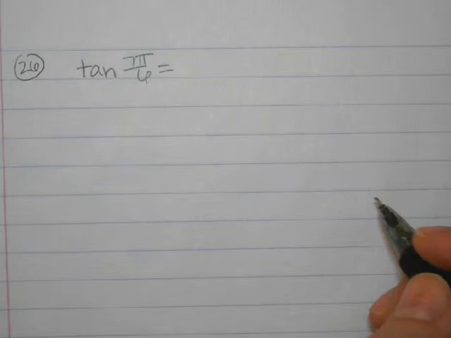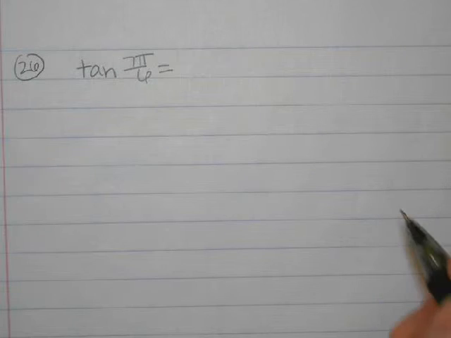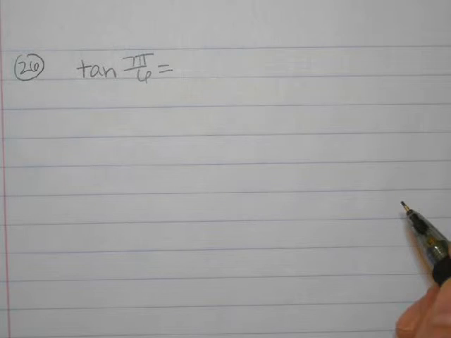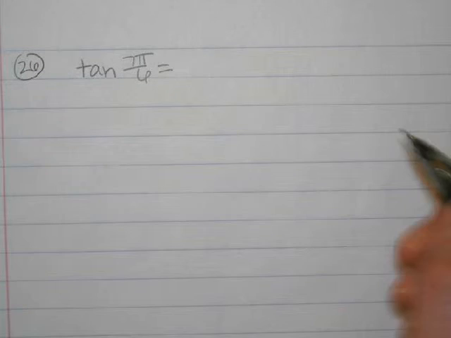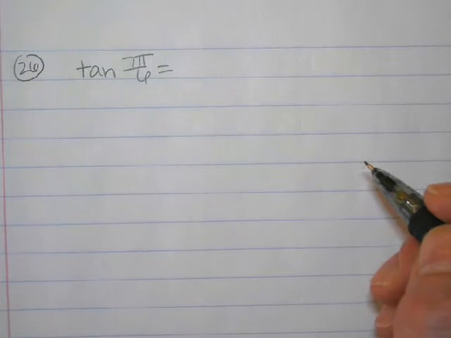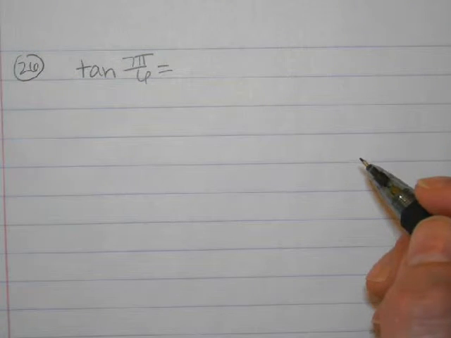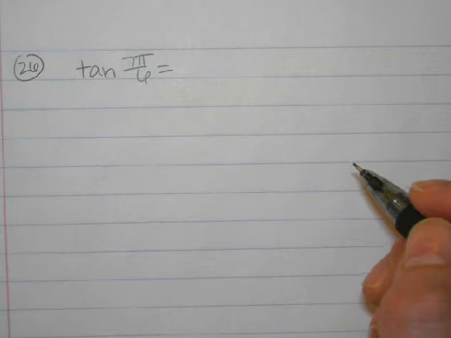Like root 3 over 3. The negatives would cancel and make positive.